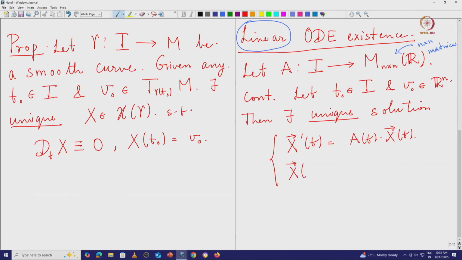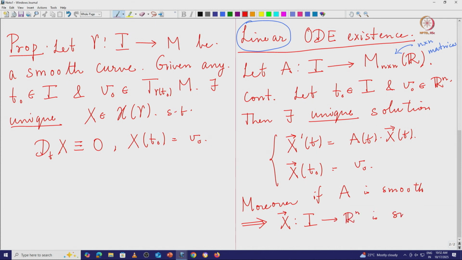And at the initial time t naught you want x of t to be v naught, and moreover if A is a smooth map, this implies that x is a smooth map.